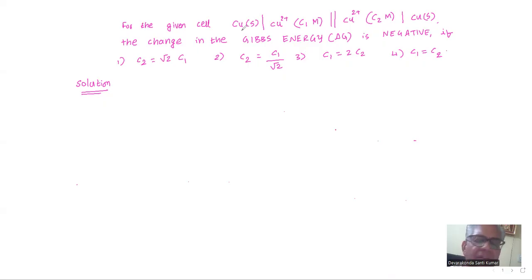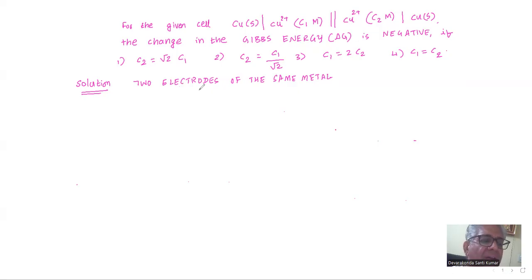See here, in this particular question, copper is an electrode. Here also copper is an electrode. That means two electrodes of the same metal. And the metal is copper here, and you have metal ions of different concentrations, same metal ions of different concentrations.